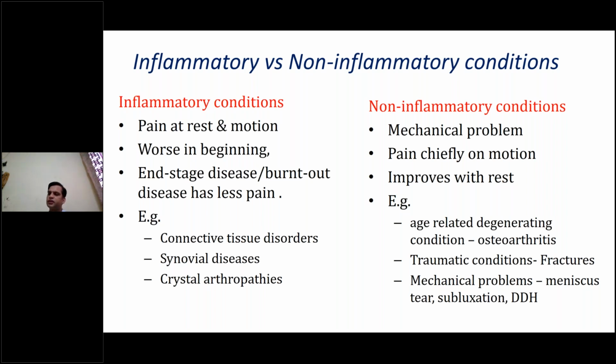So the pain is chiefly activity-based pain. If the patient gives rest, then there will not be any pain. Classical examples are age-related degenerative conditions and osteoarthritis, traumatic conditions, mechanical fractures, mechanical problems also, and post-traumatic arthritis also. Okay, DDH. So these are the examples of non-inflammatory conditions.